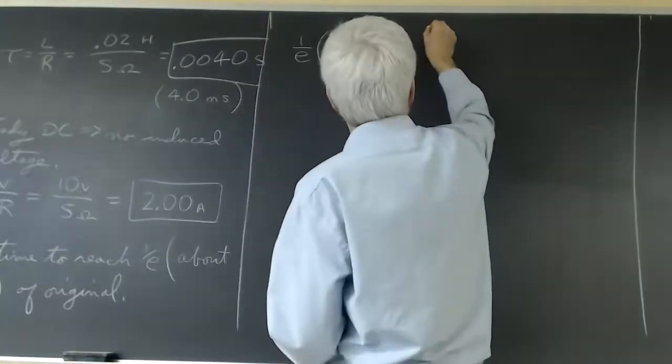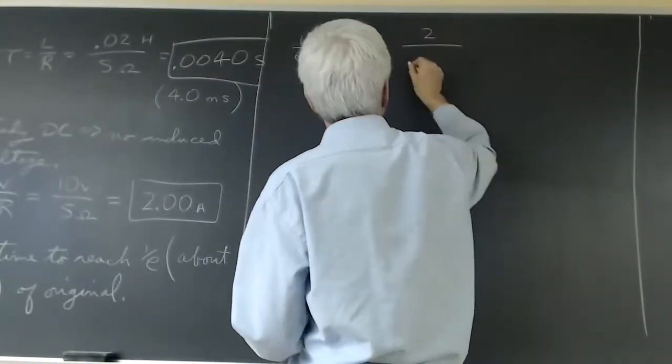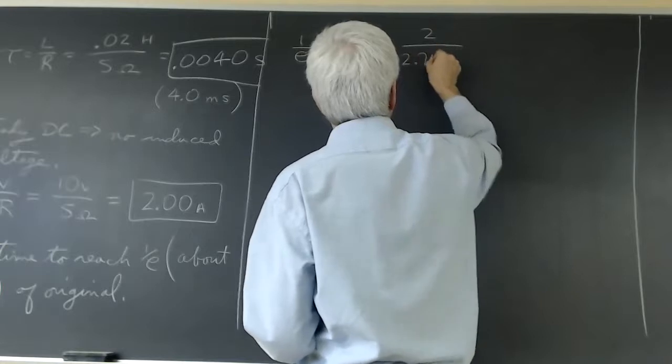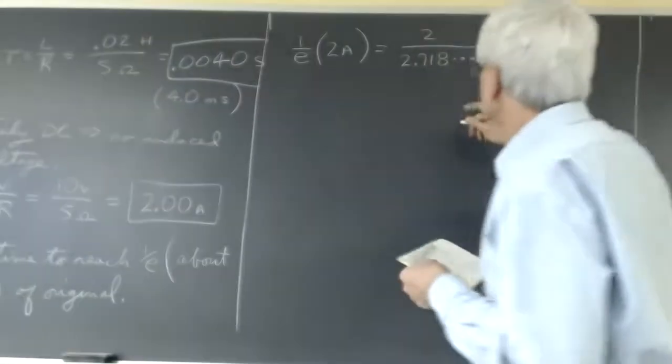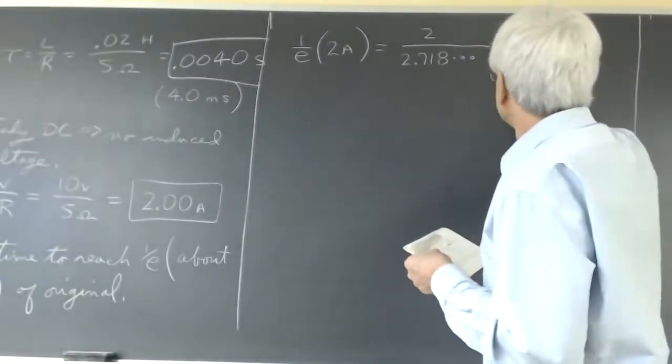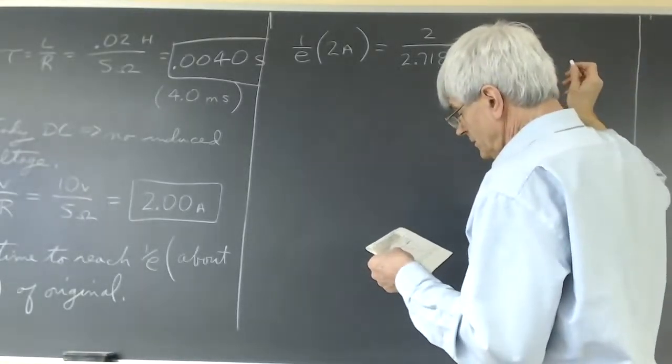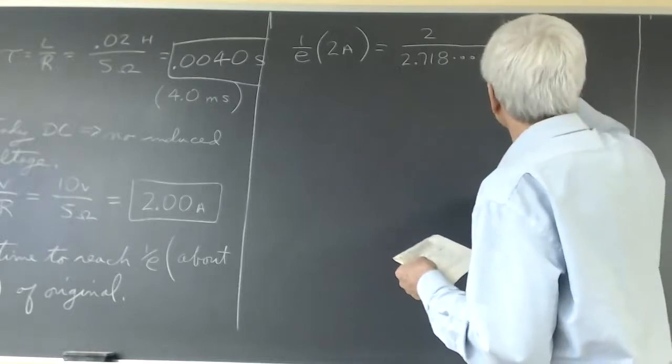In other words, 2 divided by E equals 0.736.